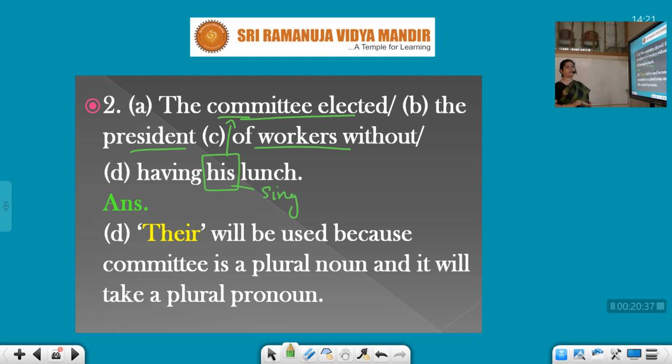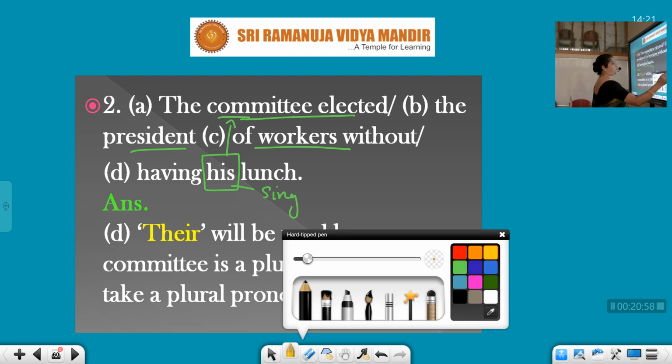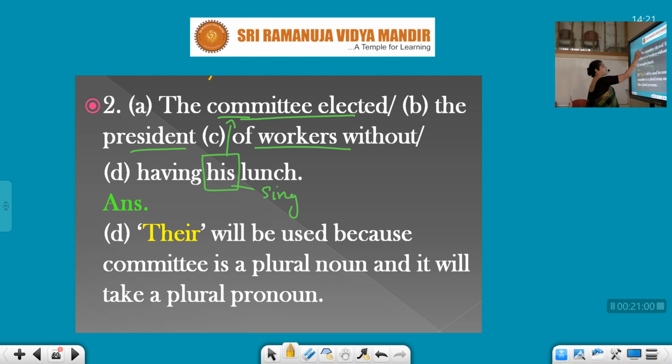His is used instead of the committee, or you can say the committee elected the president of workers without having the committee's lunch. The committee, without having the lunch, they were electing the president. So instead of committee we have used his. Now what is the meaning of committee? A group of people. What is the meaning of committee, students?